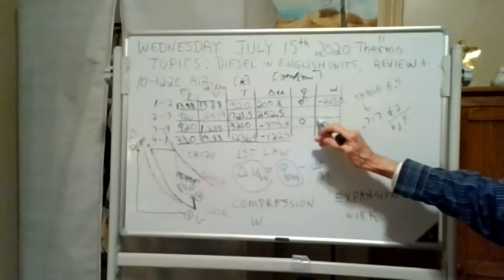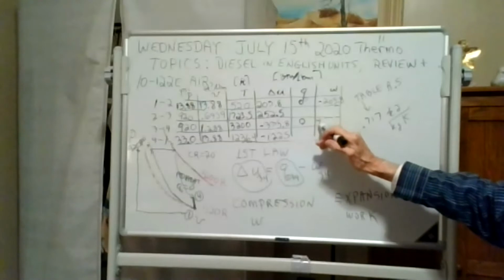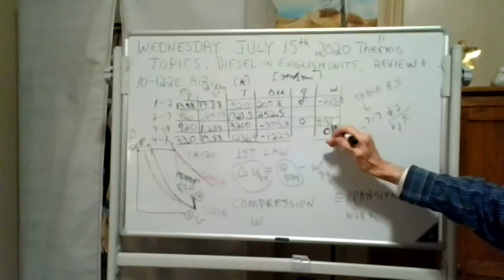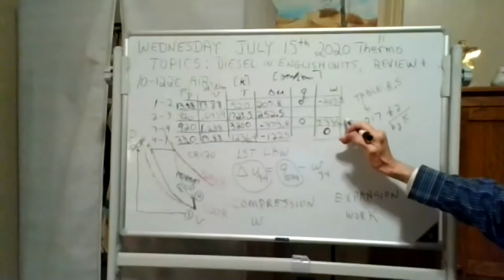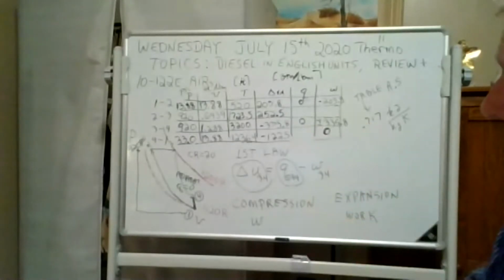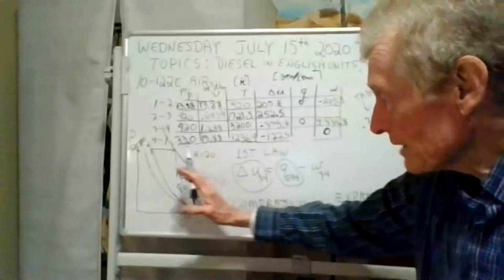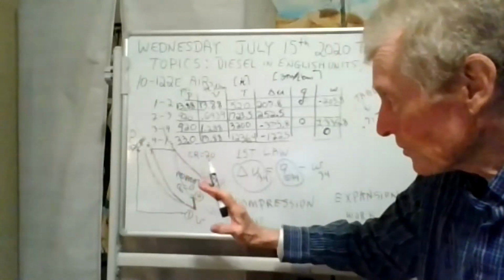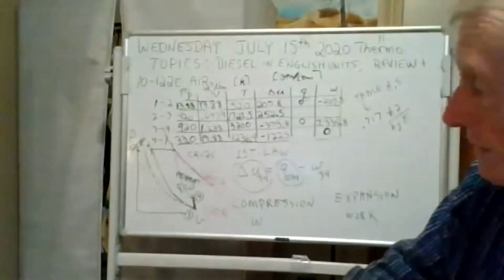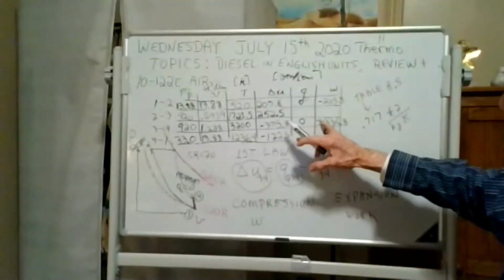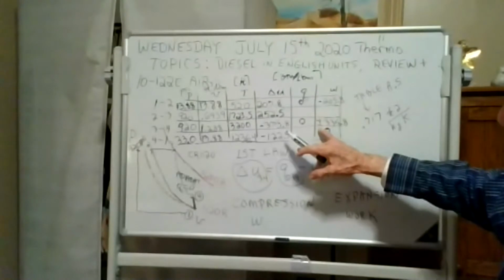And I tell you what, it's either a plus or minus 335.8. Let me go to my friend Roxana one more time. Roxana, if you go from 3 to 4 and the volume's getting bigger, they call that expansion. What about the work, Roxana, plus or minus? Going from 3 to 4, is it plus or minus work per mass?